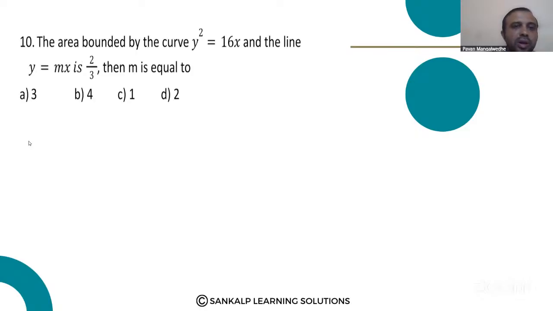The area bounded by the curve y square is equal to 16x and the line y is equal to mx is 2 by 3. Then m is equal to what? Try to solve this. Again, I'll give you 1 minute. Actually I cannot give anyone 1 minute, so just try to solve in a short span of time.